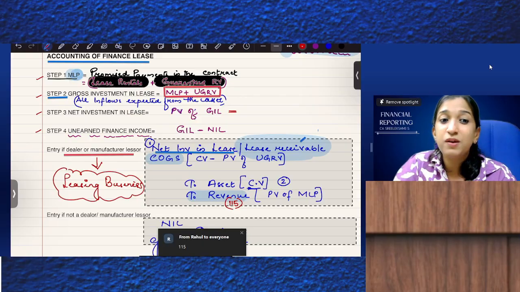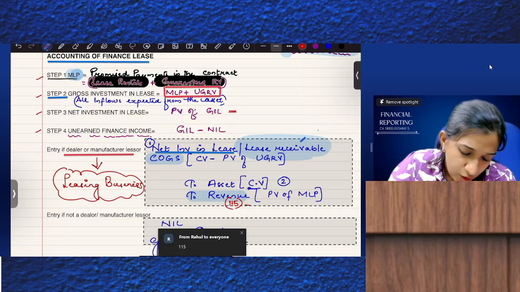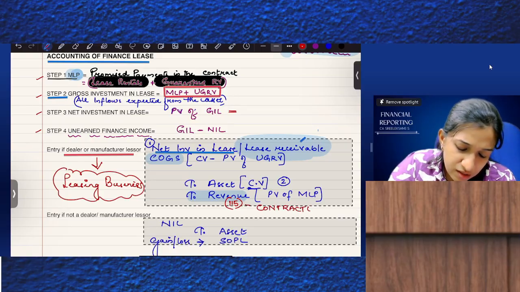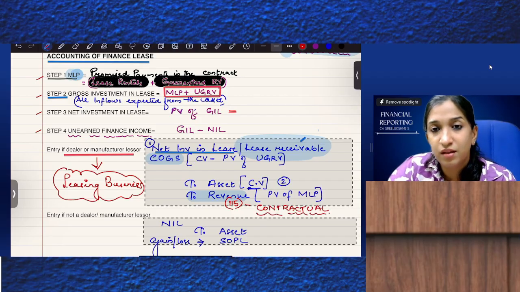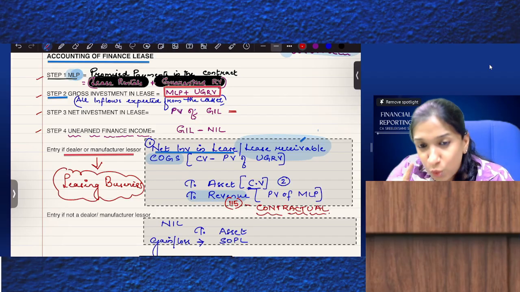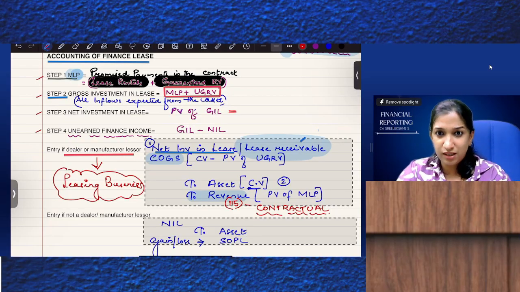As per 115, only contractual incomes are considered as revenue. UGRV, is it a contractual income?